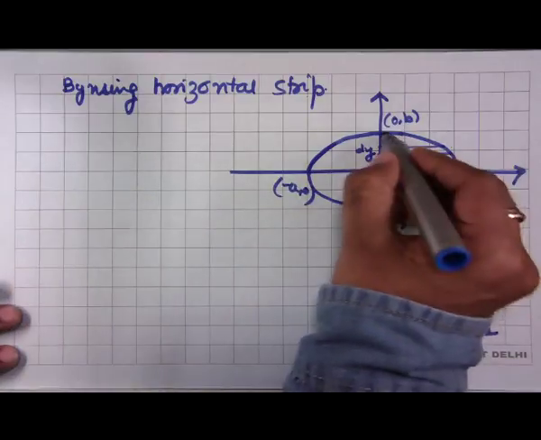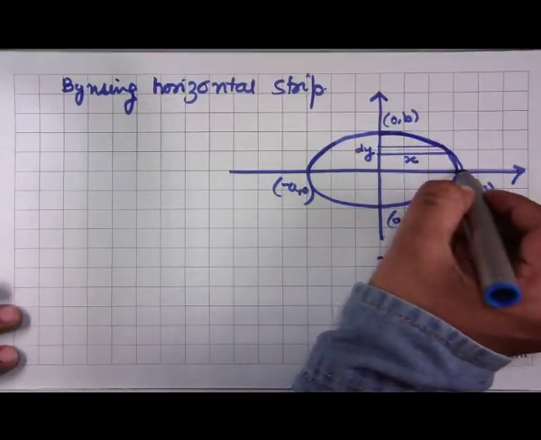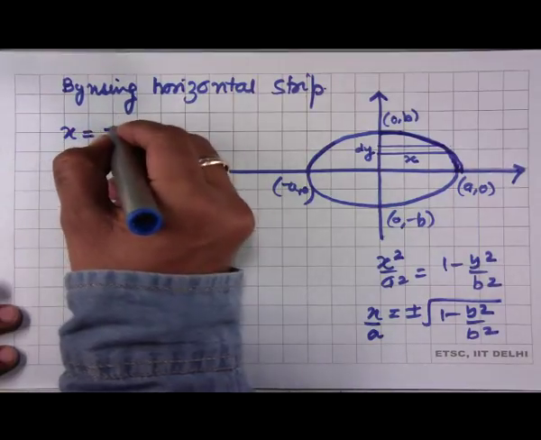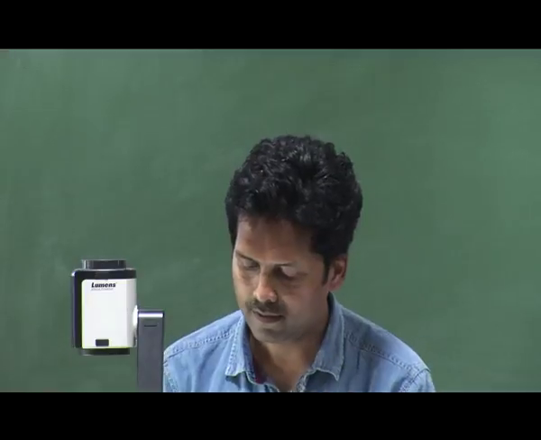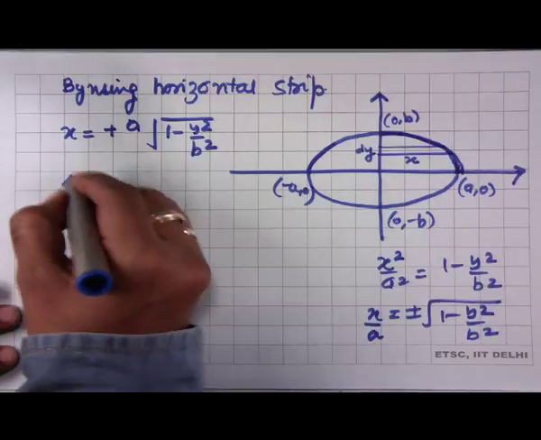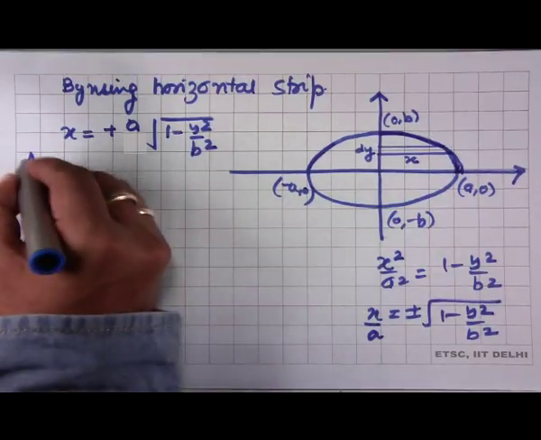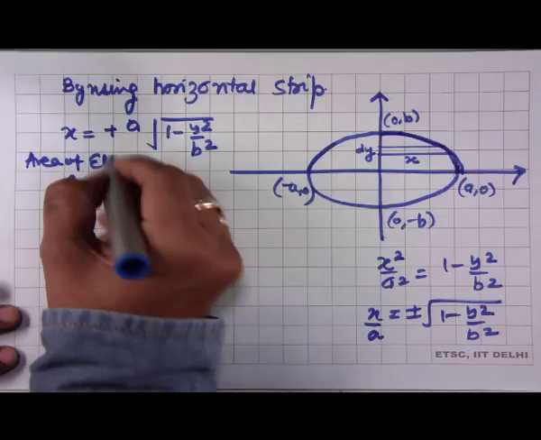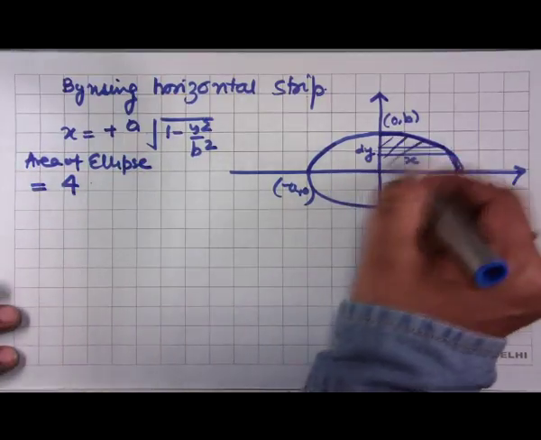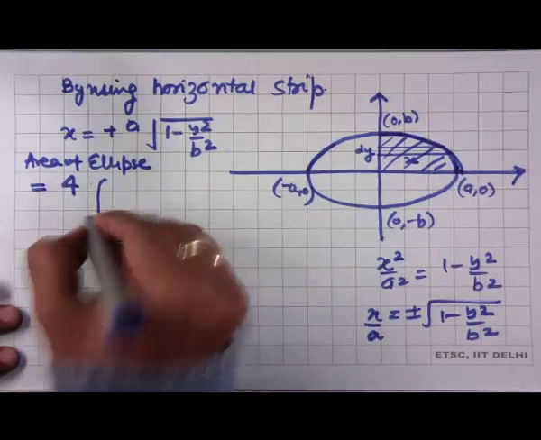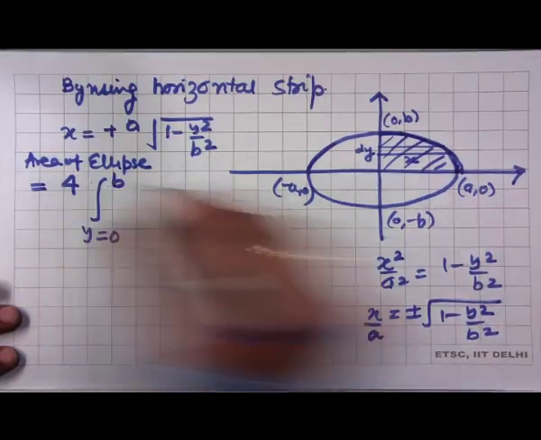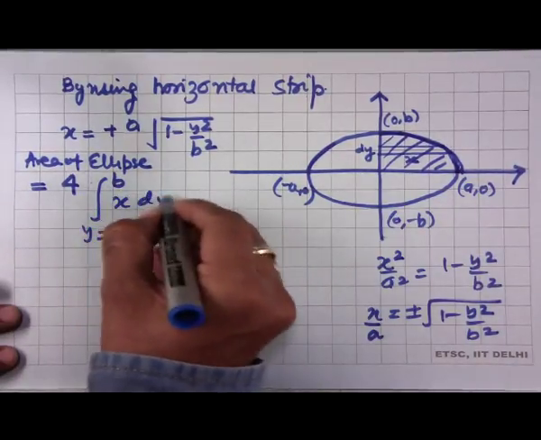Since we are taking this portion of the ellipse, x will be positive under root, and the required area is 4 times this area, which is y goes from 0 to b, x dy.